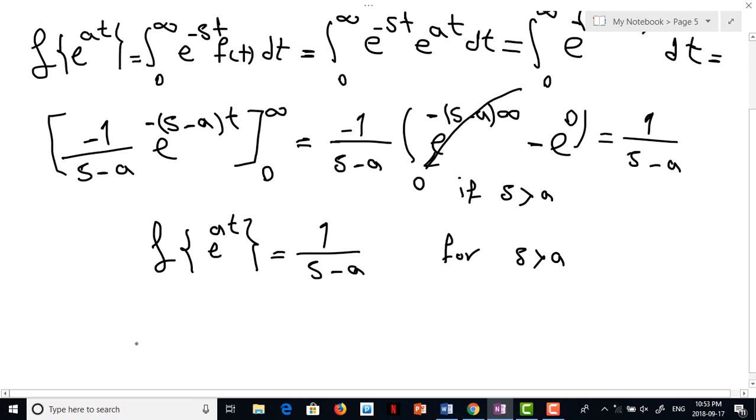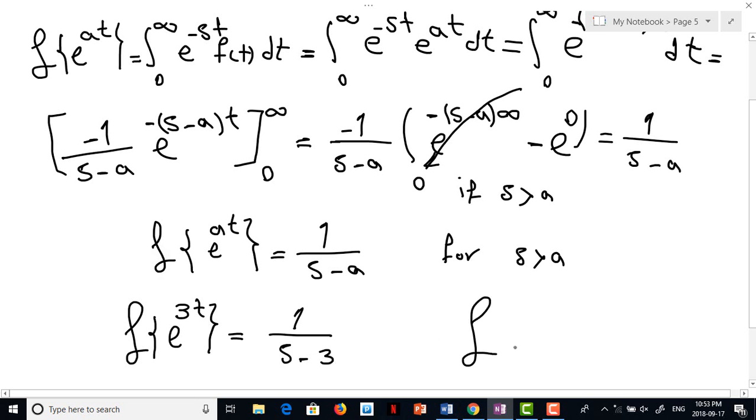So as an example, what's the Laplace transform of, let's say, e to the power of 3t? So it's equal to, instead of a we have 3, so it's 1 divided by (s minus 3). Or what's the Laplace transform of, for example, e to the power of minus 5t?